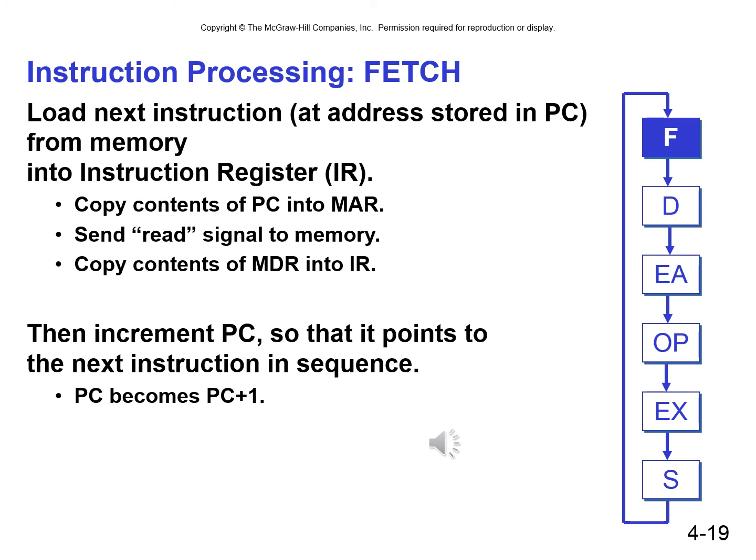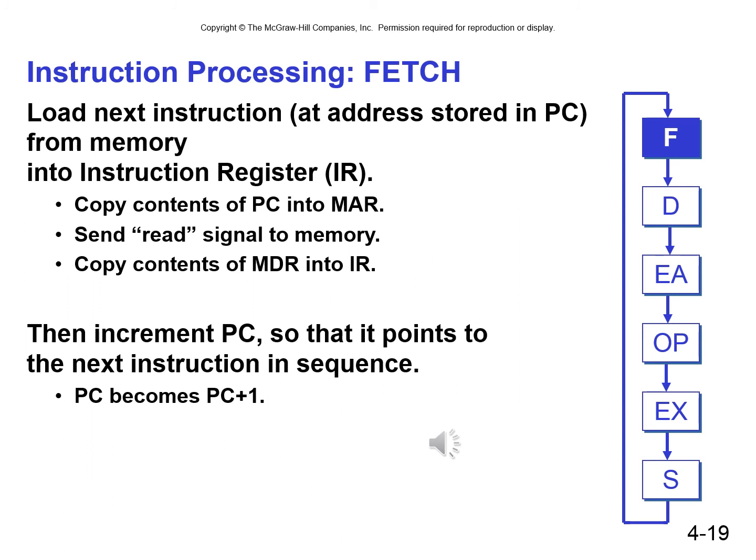So the first step, fetch, loads the next instruction, and the address of the next instruction is stored in the program counter. So it looks at the program counter and it moves that instruction into the instruction register.